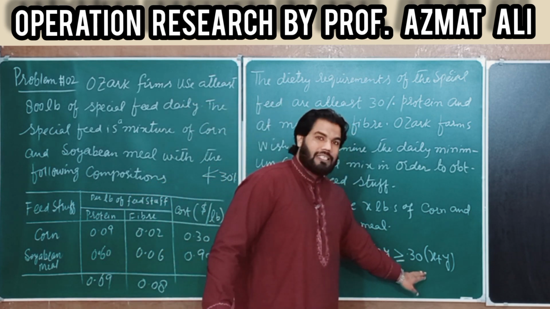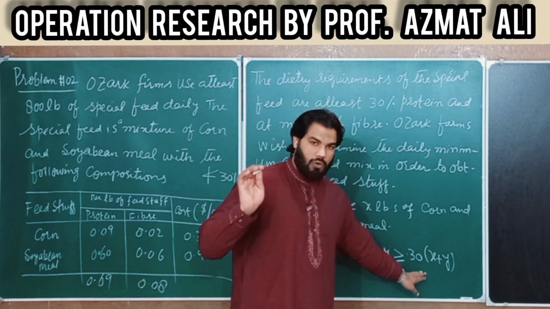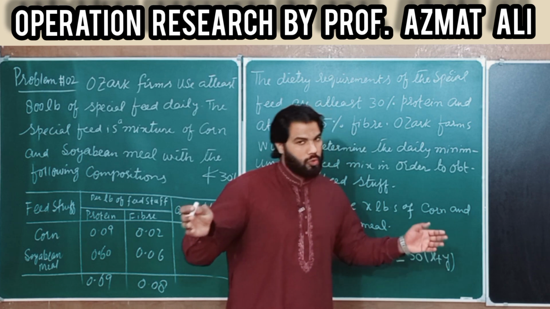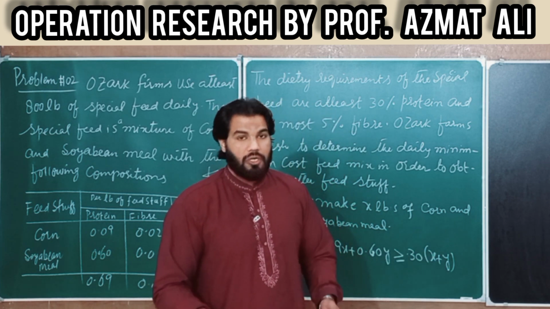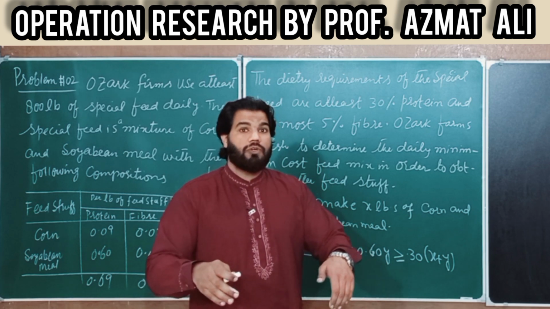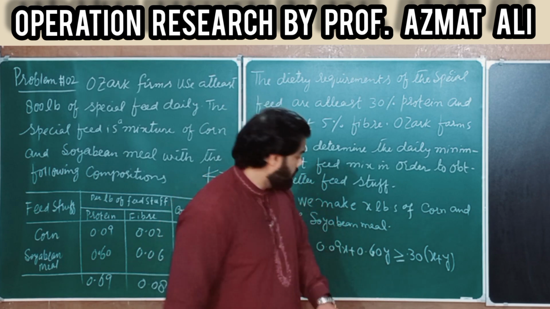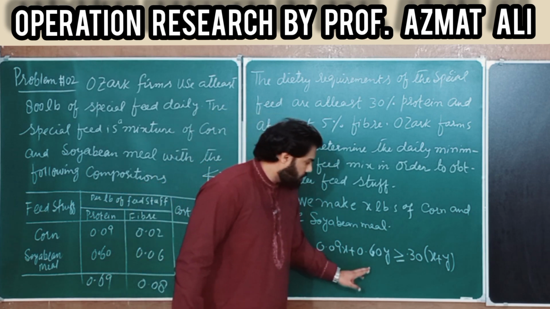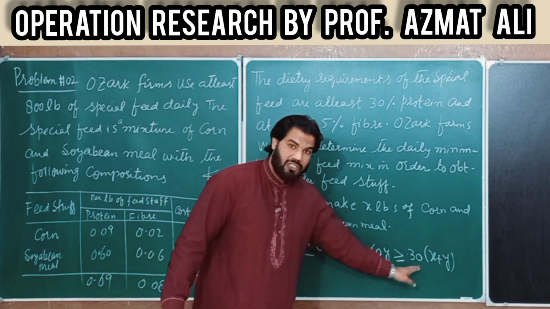Total quantity is x pounds of corn and y pounds of soybean meal. So the total quantity will be x plus y, and from this total quantity we need at least 30%. So the first constraint will be 0.09x plus 0.60y greater than equal to 0.30 times x plus y.